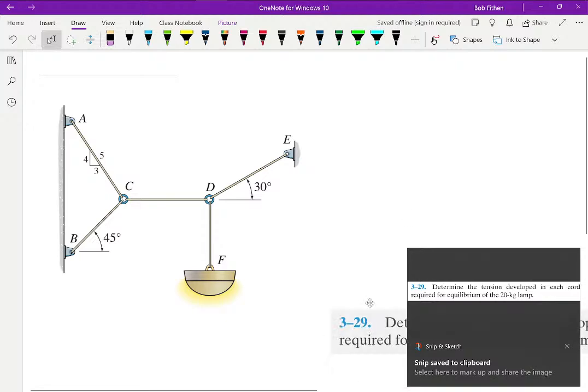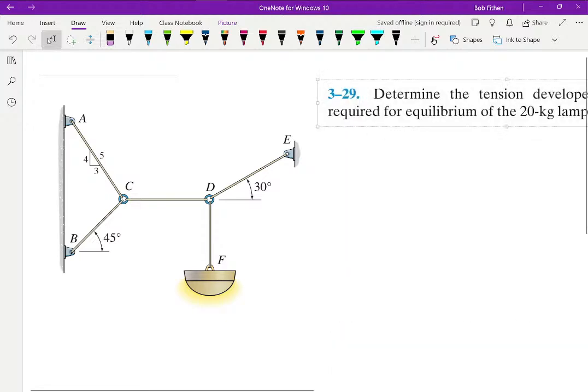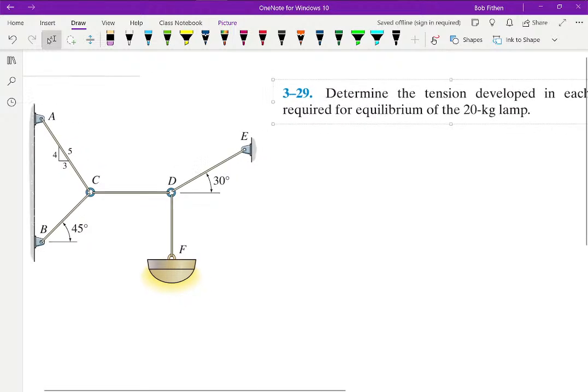Okay, so there's my picture, there's my text.